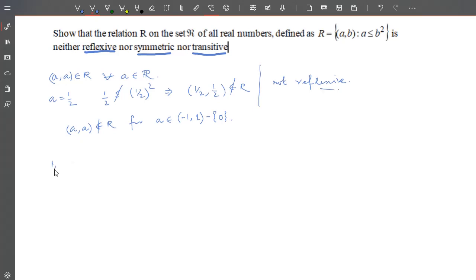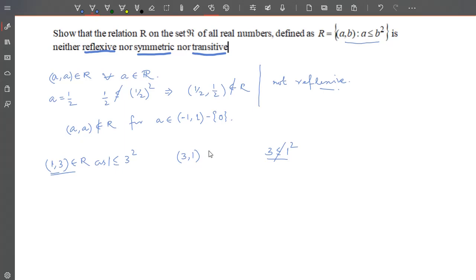Take (1, 3). (1, 3) belongs to the set R. 1 is less than or equal to 3 square. Yes, it is true. So (1, 3) belongs to R. Now (3, 1). 3 is less than or equal to 1 square by the requirement of the definition of R. Is it true?